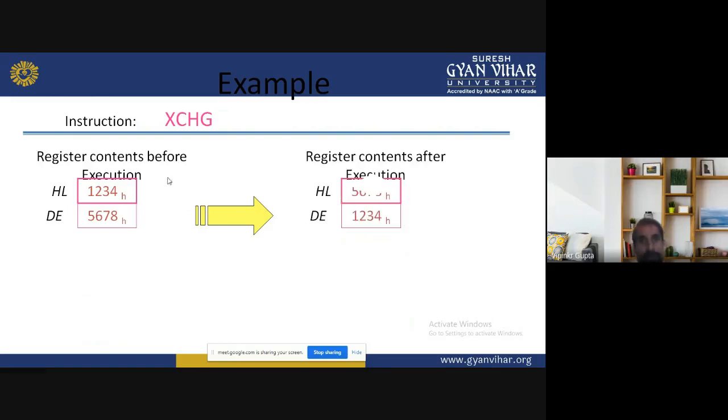Like that, one example is given: the HL pair having 1, 2, 3, 4 and the D pair having 5, 6, 7, 8. Then what happens? The HL pair data 1, 2, 3, 4 will be transferred to the D pair, and the D pair data will be transferred to HL. So like that it will perform.